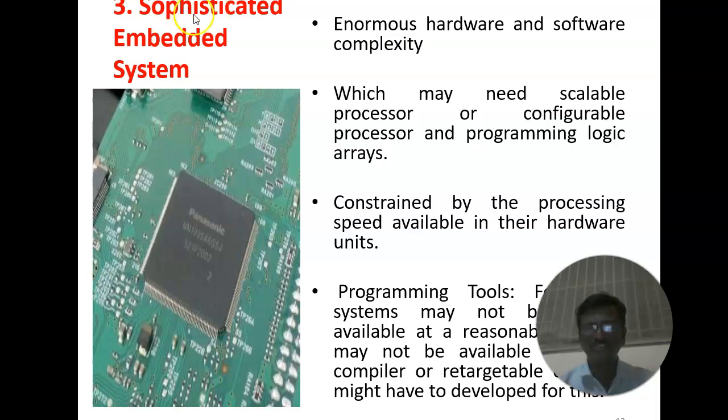Based on its requirements, the processing speed also should be considered while designing the hardware units, and the programming tools sometimes may not be sufficient or readily available for these sophisticated embedded systems. So it should be designed specifically for performing these applications.